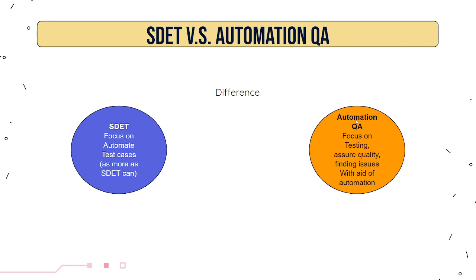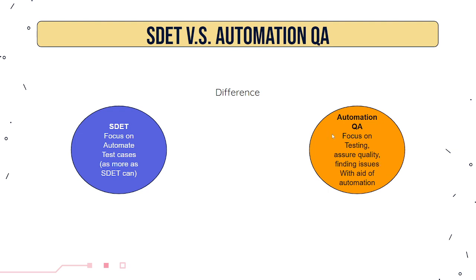But since it's different from manual QA, it's automation QA, their ability is that they can use automation to support these test cases. So if they find a routine job that decreases the efficiency of their work, then they have the capability to bring that testing job into automation.